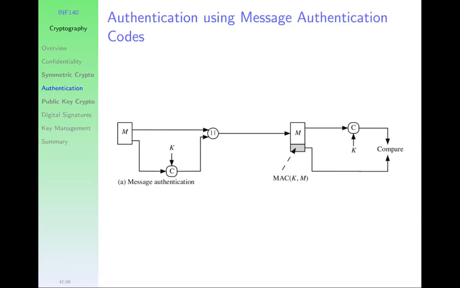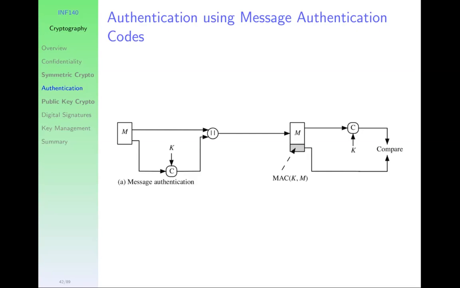If they are the same, then Bob can be sure this message hasn't been modified in the communication channel. And because the key is only shared with Alice, Bob can be sure this message was sent from Alice, not from anyone else.